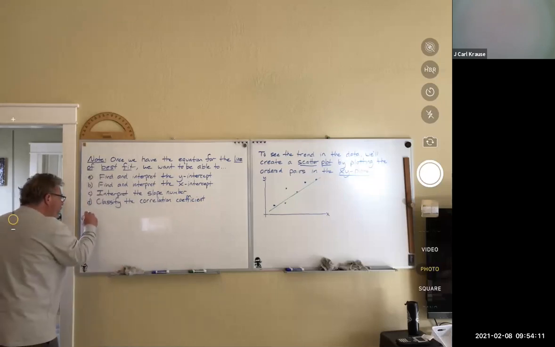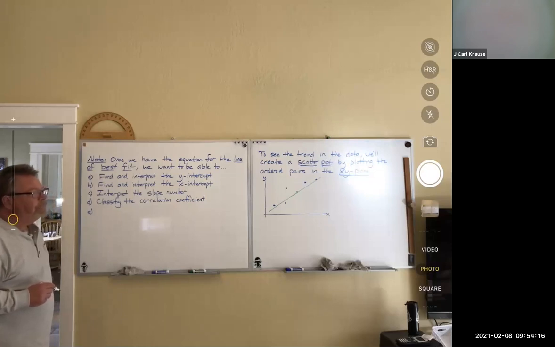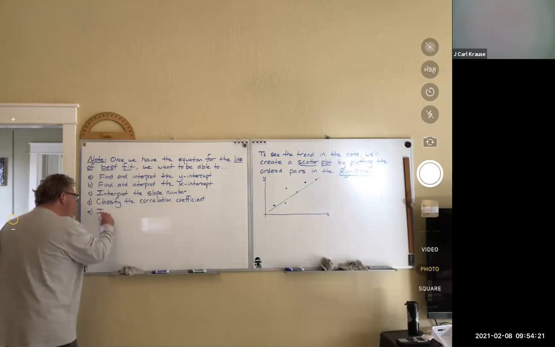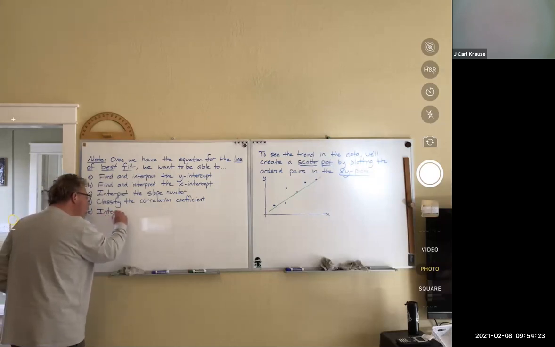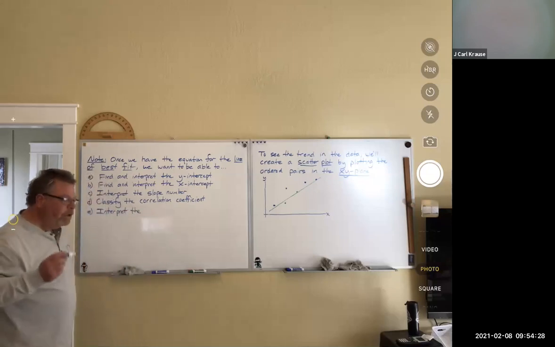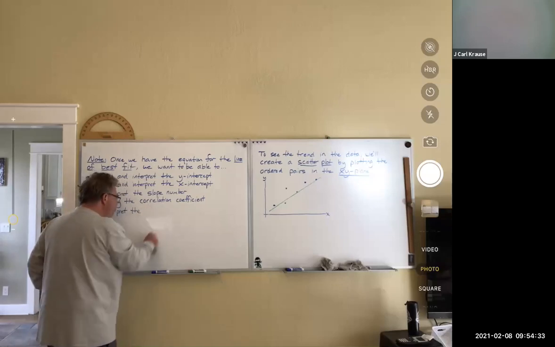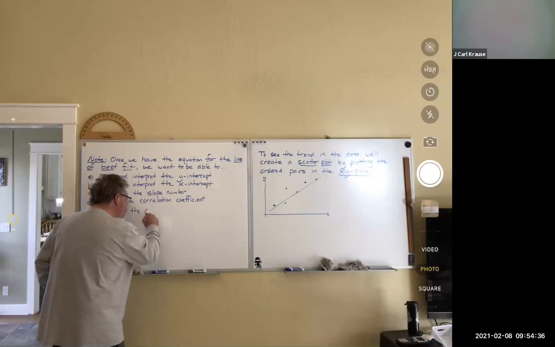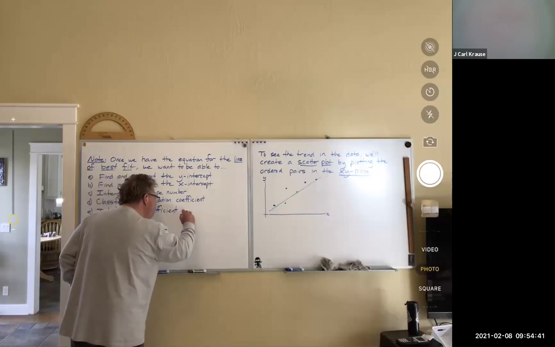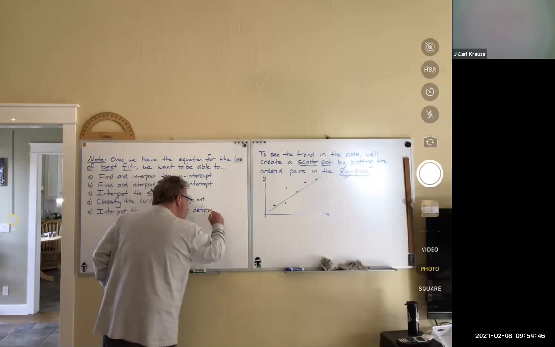And we want to be able to interpret what's called the coefficient of determination.